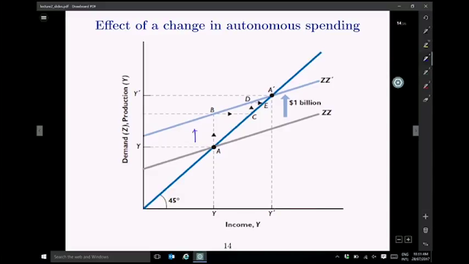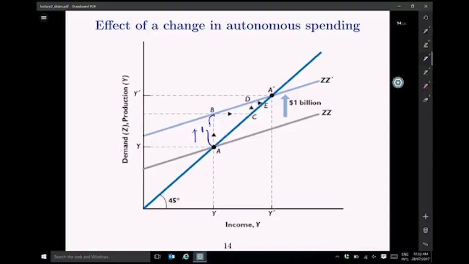Because the slope of the ZZ line depends on C1, the marginal propensity to consume, right? The increase in government spending does not affect the slope. G actually enters into the intercept, as part of the autonomous spending. So a 1 unit increase in government spending shifts up the ZZ line, and that's the first round increase in aggregate output.